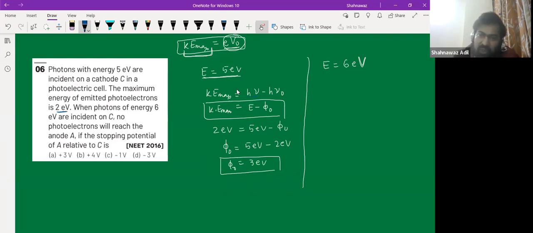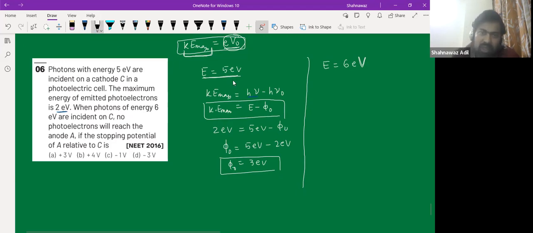So we calculated the work function, the minimum energy needed to get the electron ejected. If we provide 3 electron volt, then the electron will be ejected, and from this information we calculated the work function.